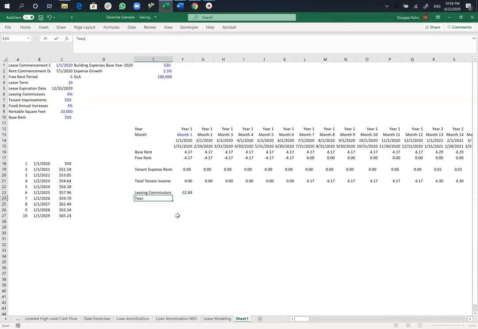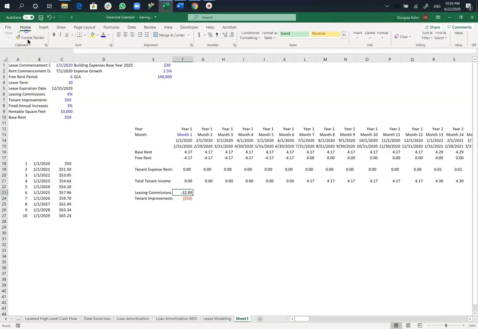Then tenant improvements. We'll make that format uniform.